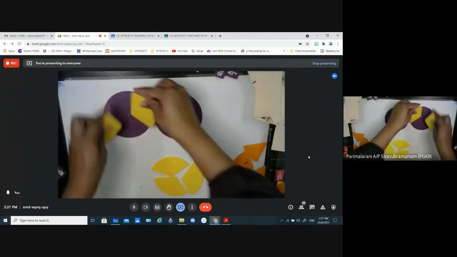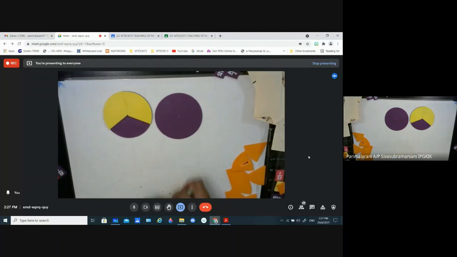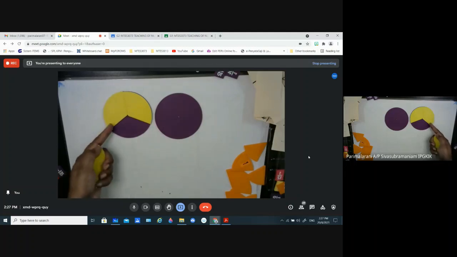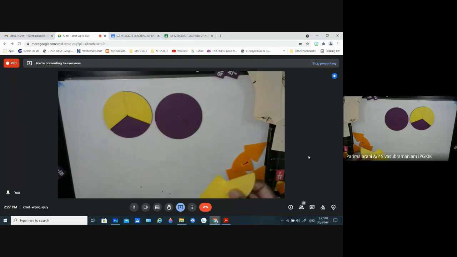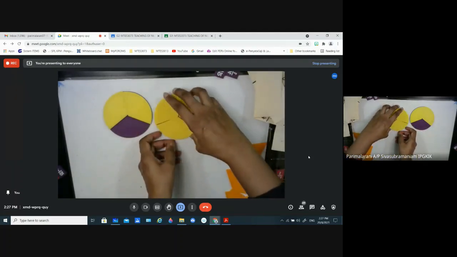This is a mixed number, and we want to convert this into an improper fraction. So we look at the fraction over here, 2 over 3. 2 over 3 means the base fraction is thirds, 1/3. So because the base fraction is 1/3, we divide the whole into thirds.